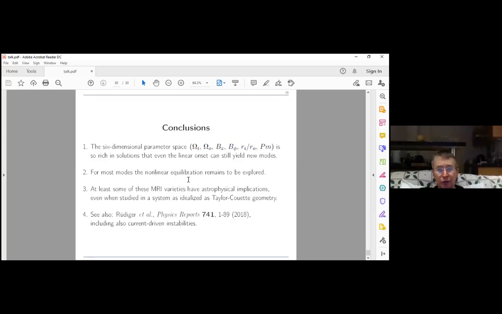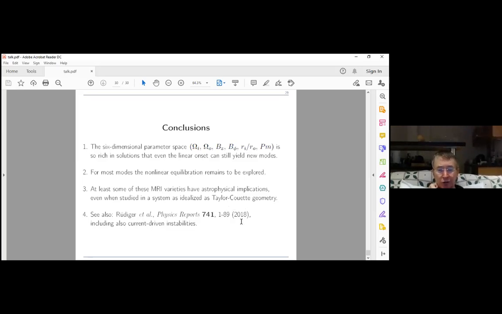Then for most of these modes, we haven't really looked at the nonlinear equilibration at all yet. Then at least some of these modes, especially all the various MRI ones in that regime that are relevant to astrophysical accretion disks, those really are astrophysically interesting, even if you're studying them in something as simple as this idealized Taylor-Couette geometry.